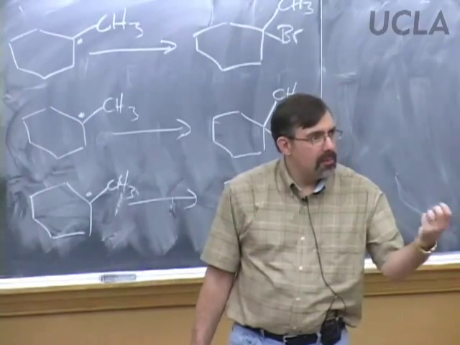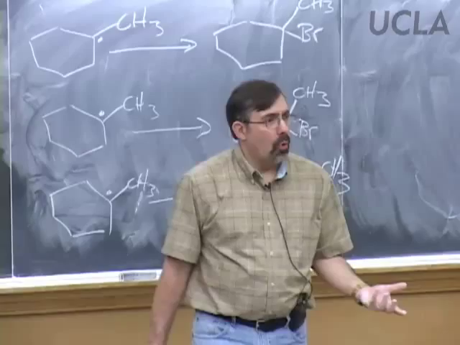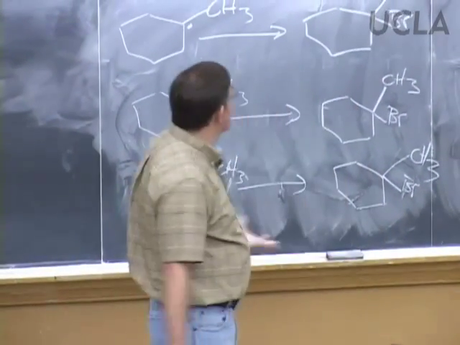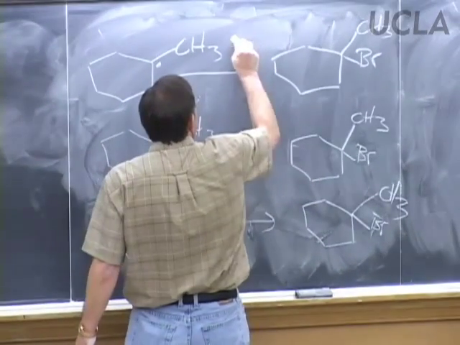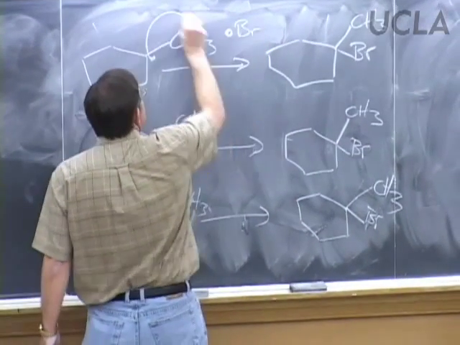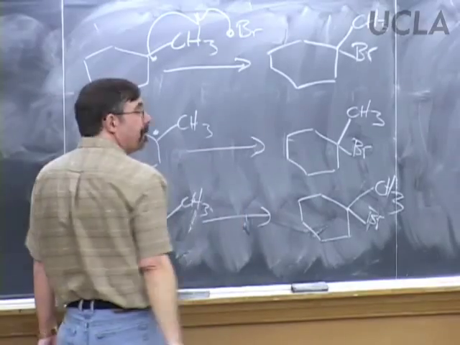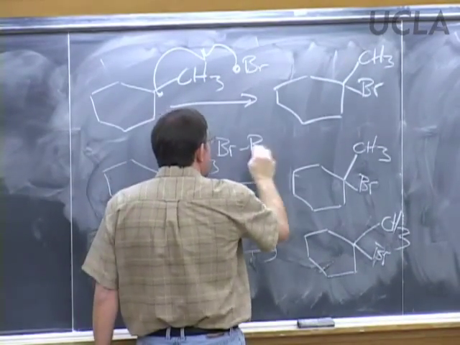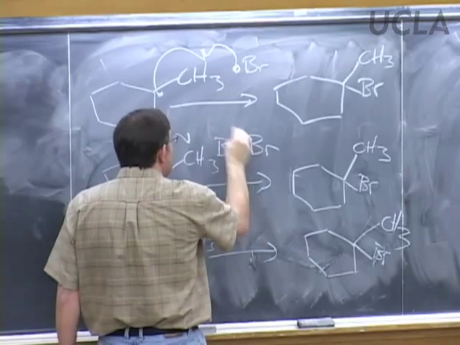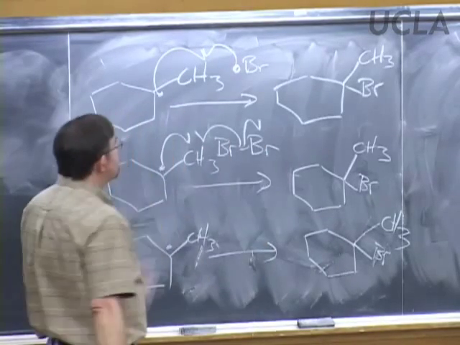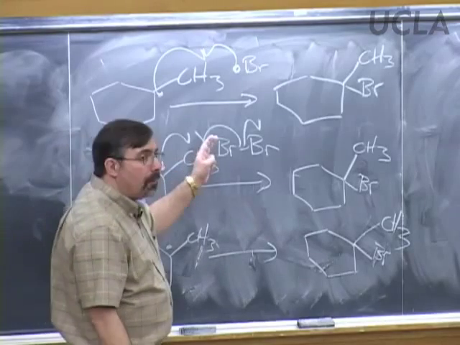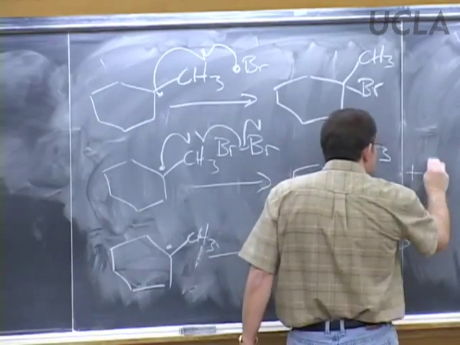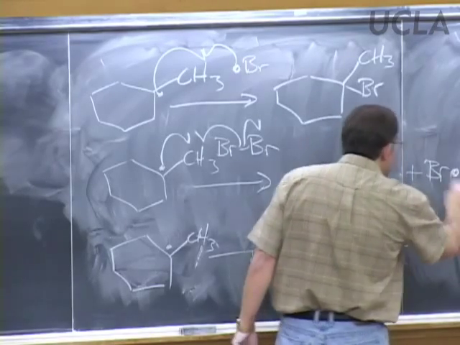Or both. We're looking for sources of bromine. So I could use a Br dot and simply do a radical combination. Or I could use Br2 and do an atom transfer where the radical steals one bromine atom from the Br2. So that would generate a Br dot over here.